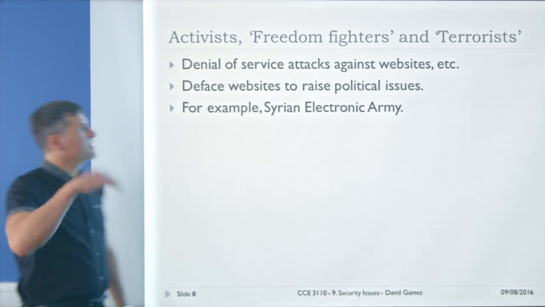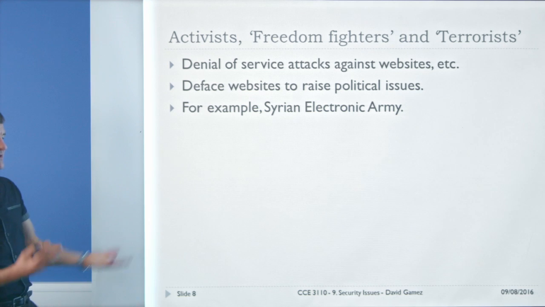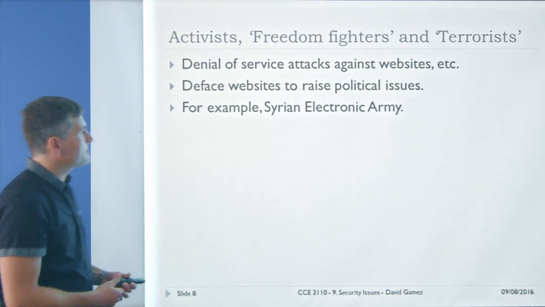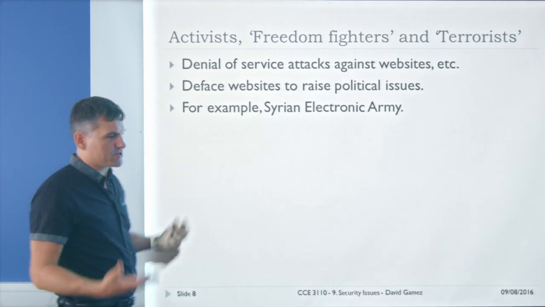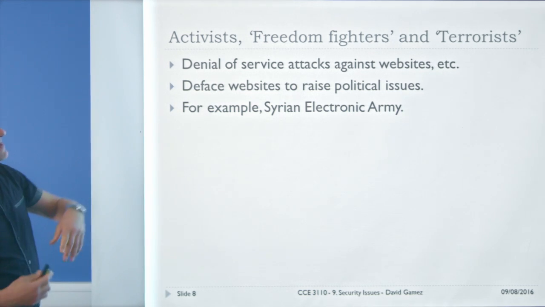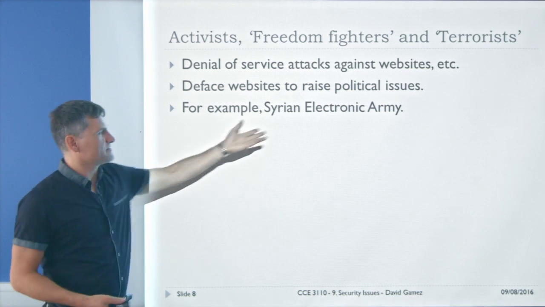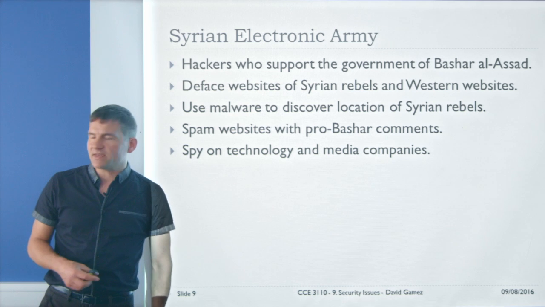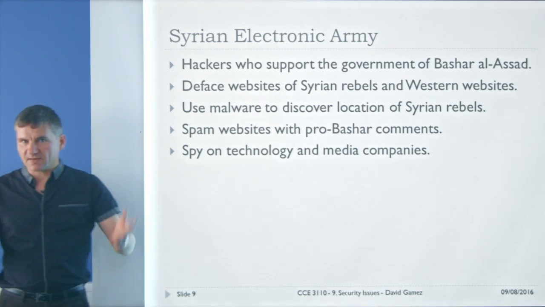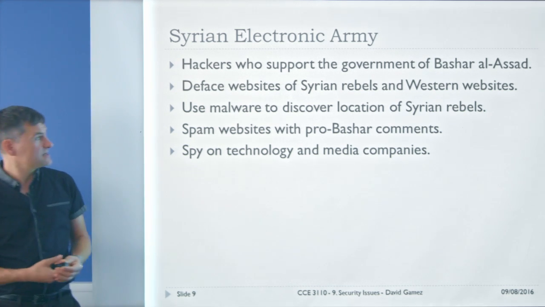So that's the government. Then we have the activists, freedom fighters, and terrorists. As I said, the name of these people depends on who you are, really. They carry out denial of service attacks because of their righteous cause or whatever. They deface websites to raise political issues. A fairly recent example of this is the Syrian Electronic Army. They're supporting the current government, as of the time of recording, of Bashar al-Assad.